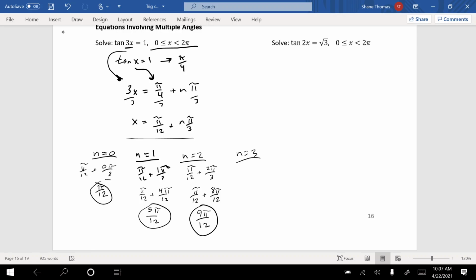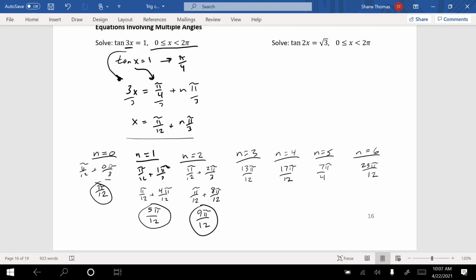For the sake of time right now, I'm just going to tell you that n equals 3 is going to be 13 pi over 12. N equals 4 would be 17 pi over 12. N equals 5 would be 7 pi over 4. And n equals 6 is going to be, I think it's 23 pi over 12.